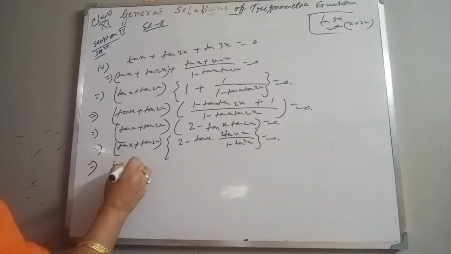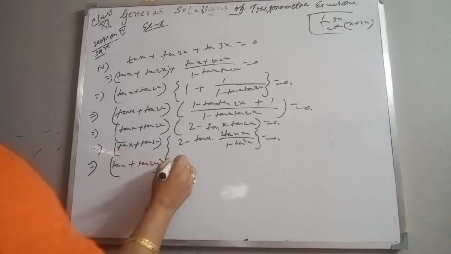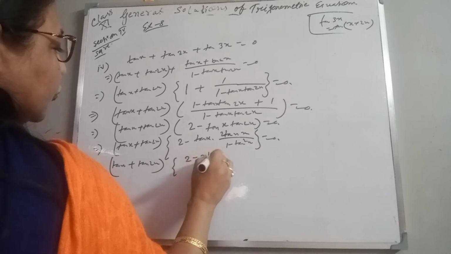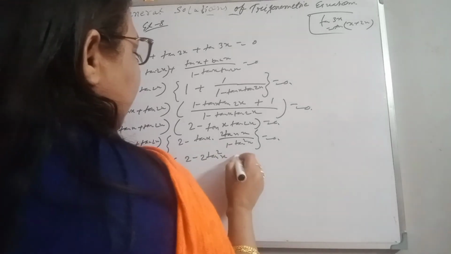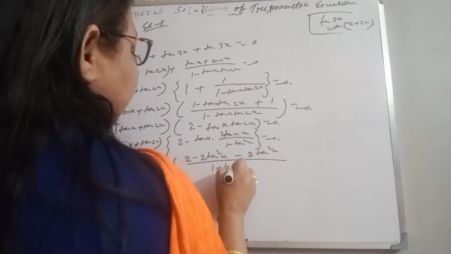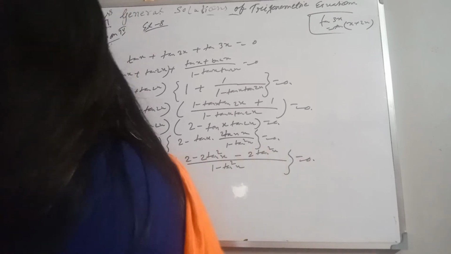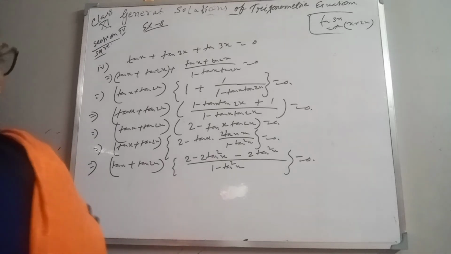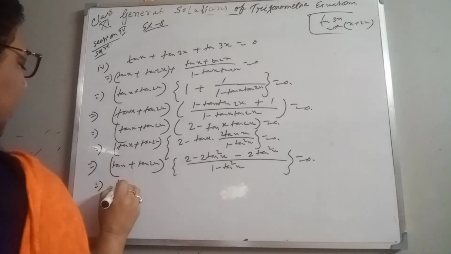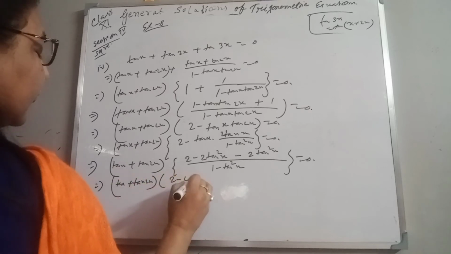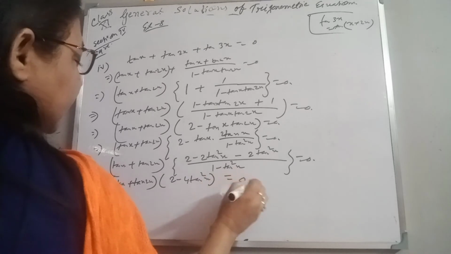Okay, so it is coming tan x plus tan 2x into, so it is again 2 into 1 minus tan square x, so it is coming 2 minus 2 tan square x minus 2 tan square x by 1 minus tan square x is equal to 0. So it is coming tan x plus tan 2x into 2 minus 4 tan square x is equal to 0.